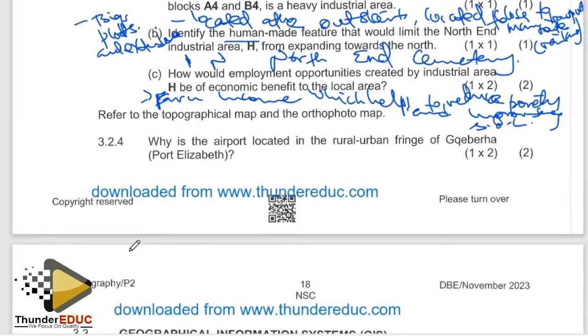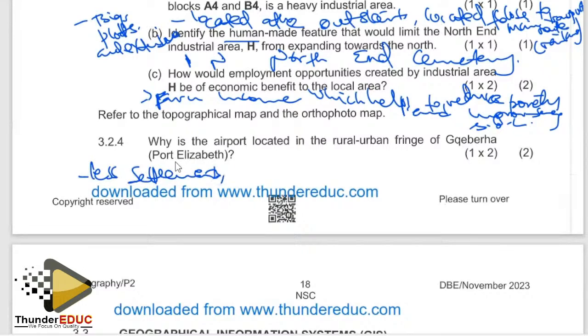Okay. Next question is, why is the airport located in the rural urban fringe? Number one, rural urban fringe has got less settlements. It has less settlements of people.